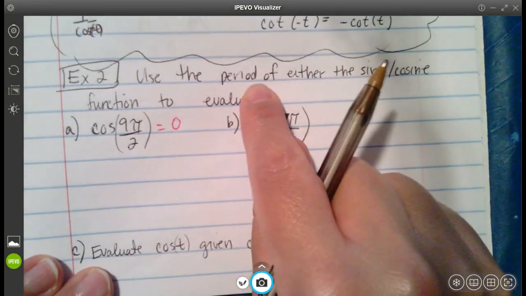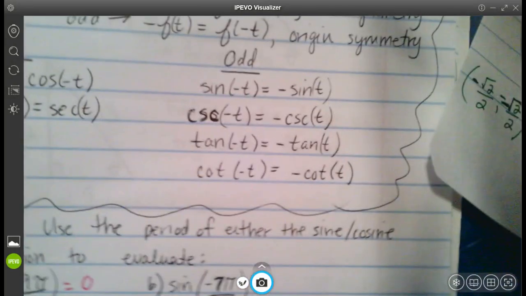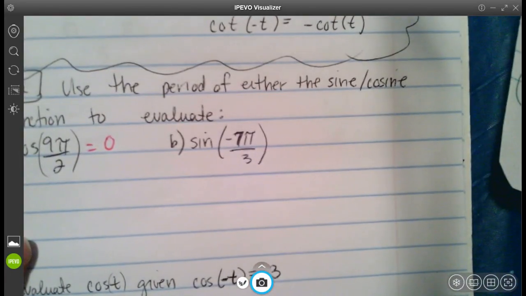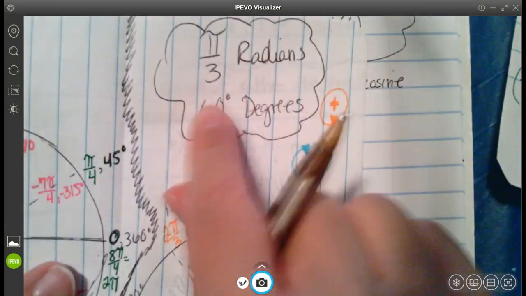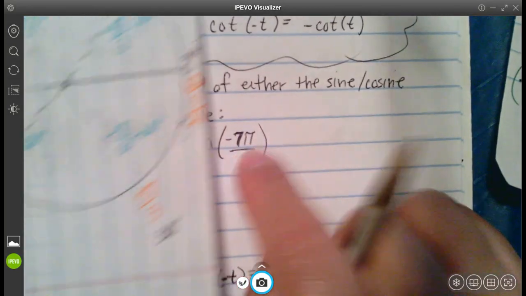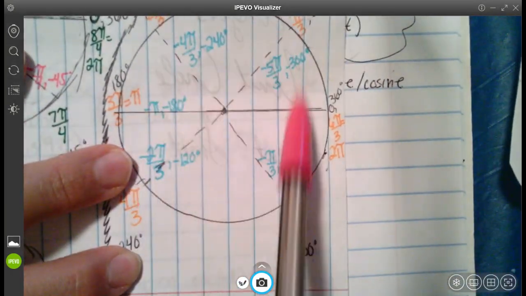Because of the period, now we're looking at the pi thirds one. I'll use the other circle this time just so you can see how we can use both of them. So pi thirds is this circle here, and I'm looking at -7. Remember that the negative angles go backwards.